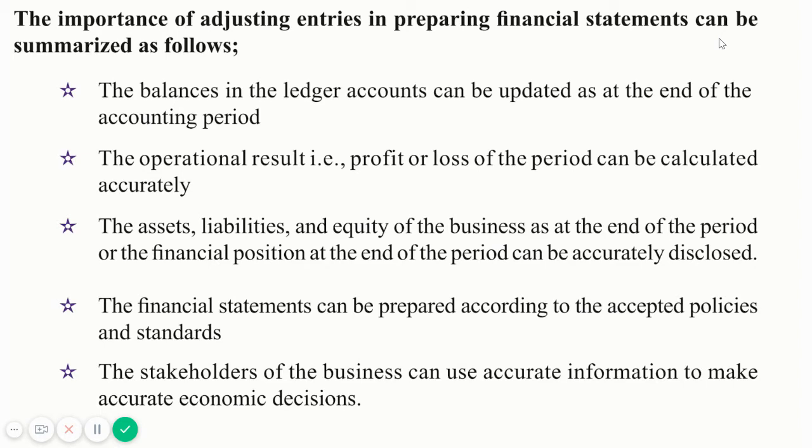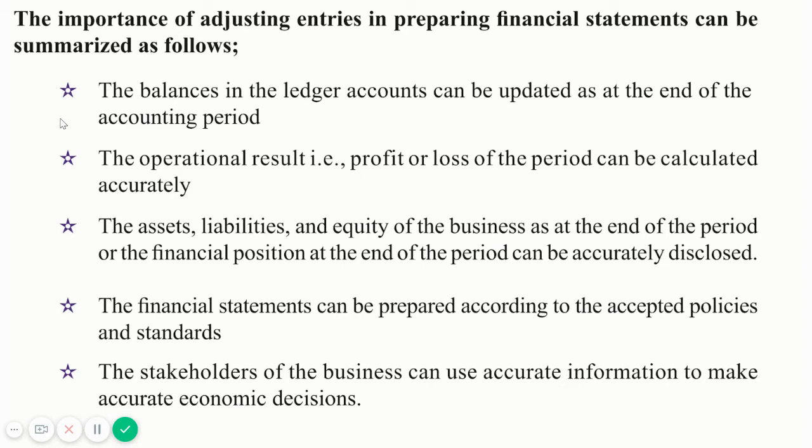There are a few advantages. The first one is that the balances in the ledger accounts can be updated at the end of the accounting period. Otherwise, the balances that you take to prepare the financial statements in the trial balance will be wrong.